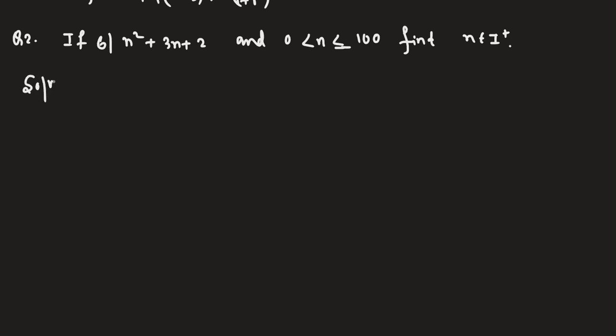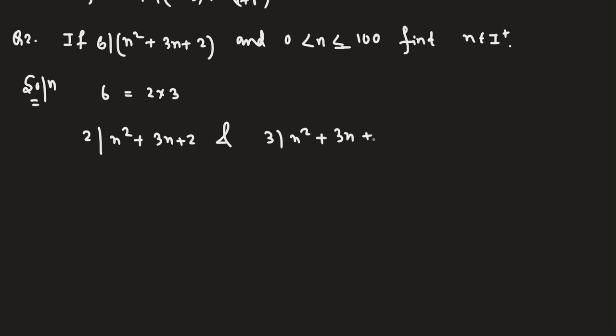So first of all, we know that 6 is nothing but 2 into 3. So if 6 divides this expression, we can say that 2 divides the expression n square plus 3n plus 2, and at the same time 3 divides the expression n square plus 3n plus 2.